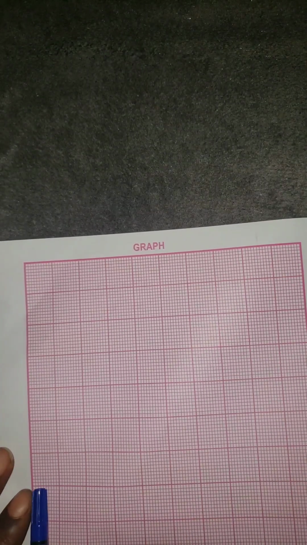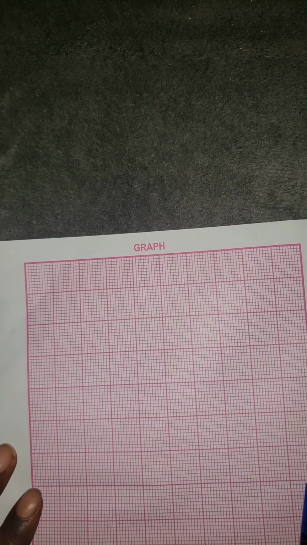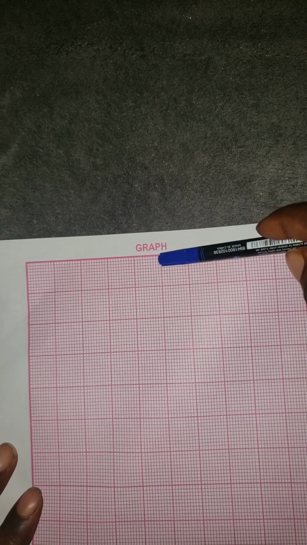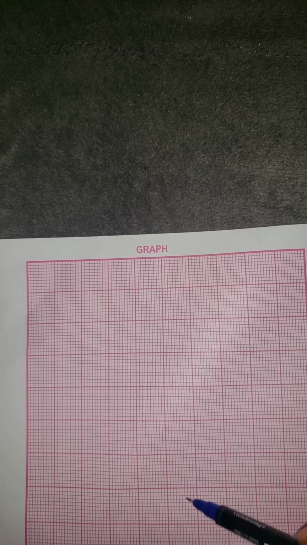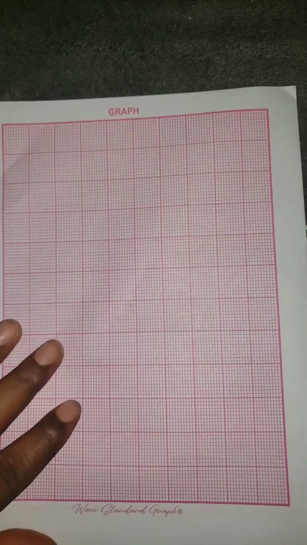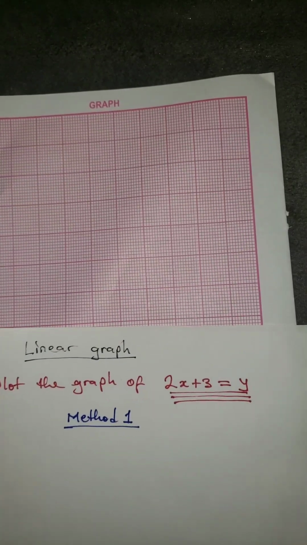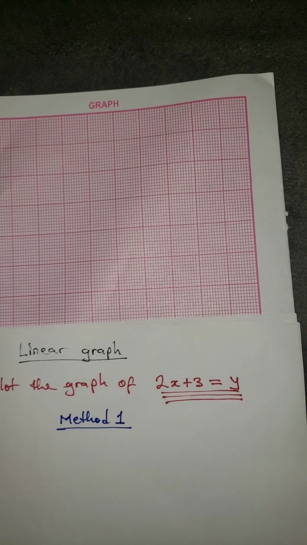X is on the horizontal axis, so we plot our x on the horizontal axis, then we plot our y on the vertical axis. Now, we need to create a table for our equation.